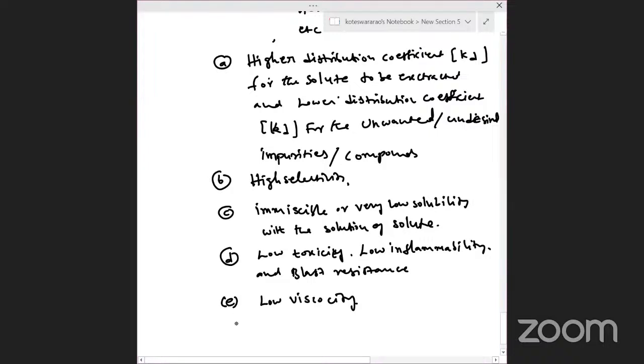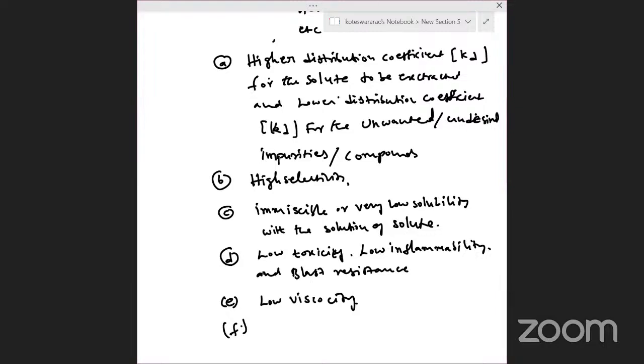Next one, F. Right. What is the F? Sufficient density difference from the aqueous phase in order to avoid the formation of emulsion. Suppose the extraction involves water and some other organic solvent. Water has a density of almost 1 gram per ml.